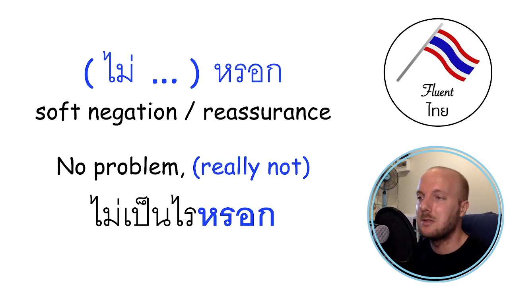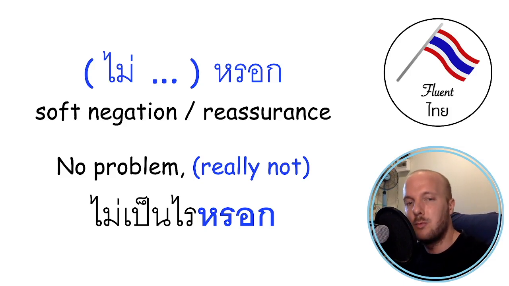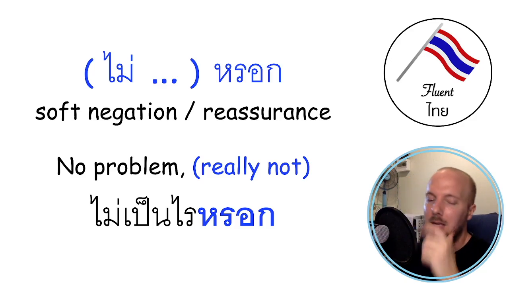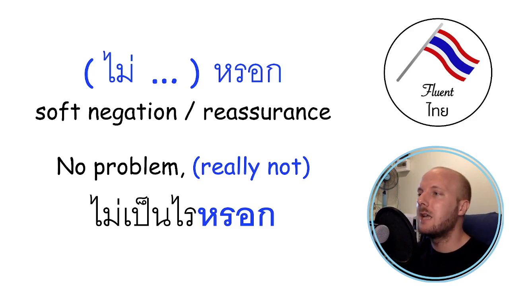So what's he telling you? He says, I'm sorry mate, this is really spicy, เผ็ดมาก, and you're like, it's alright, I can handle it, don't worry. So you're negating, you're correcting his wrong assumption or understanding about the situation. So you could just say ไม่เป็นไร, which means no problem.